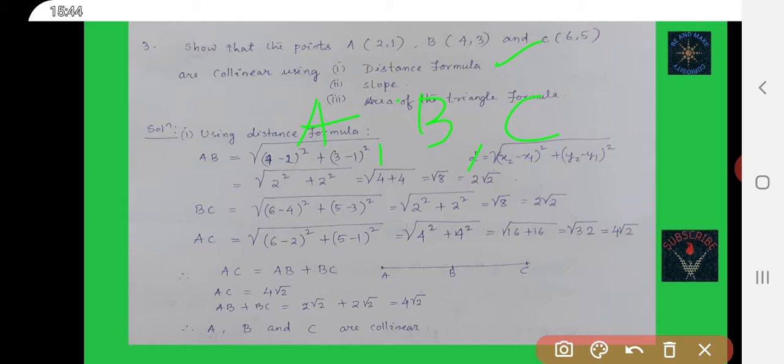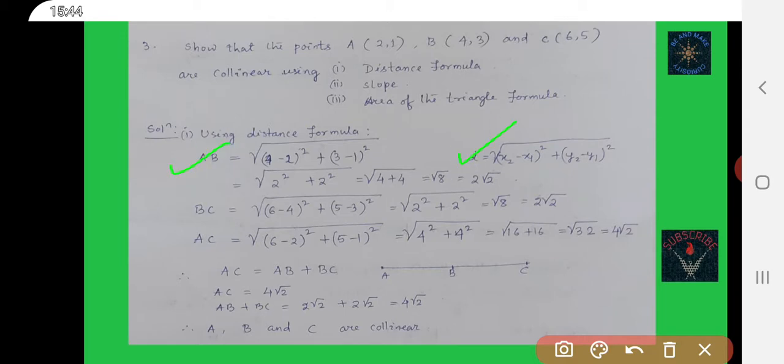First what you do is, you find AB, BC and AC using the distance formula.